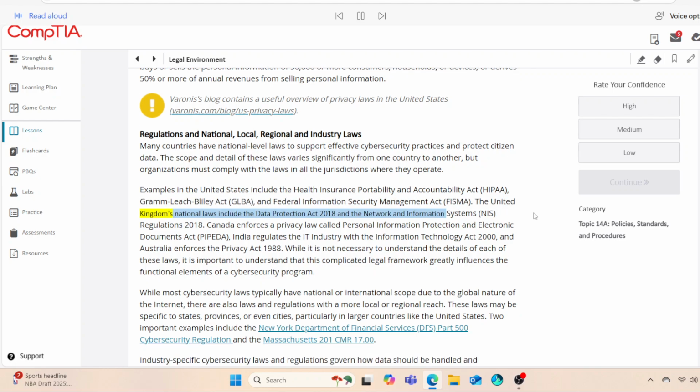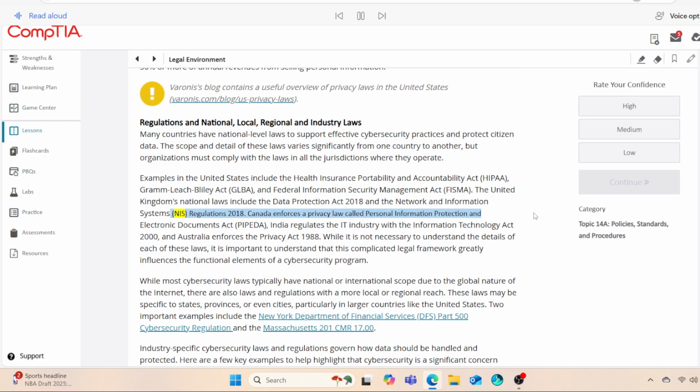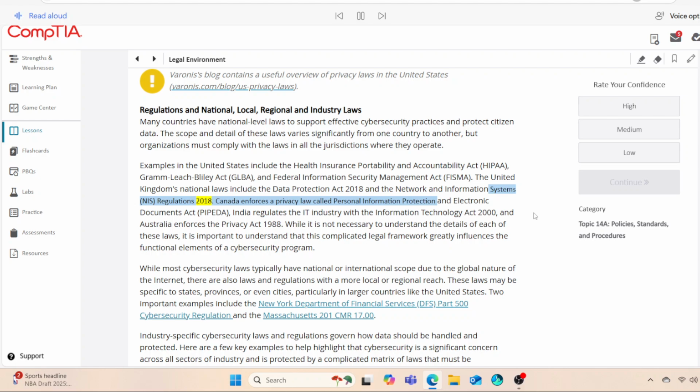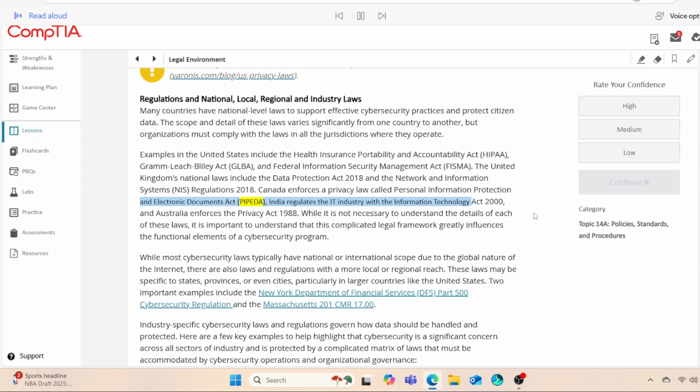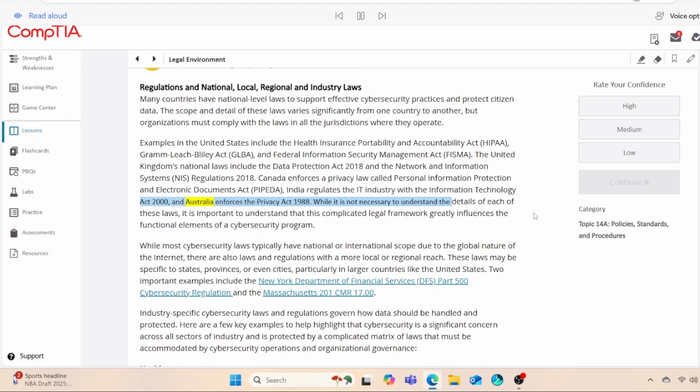The United Kingdom's national laws include the Data Protection Act 2018 and the Network and Information Systems, NIS, Regulations 2018. Canada enforces a privacy law called Personal Information Protection and Electronic Documents Act, PIPEDA. India regulates the IT industry with the Information Technology Act 2000, and Australia enforces the Privacy Act 1988.